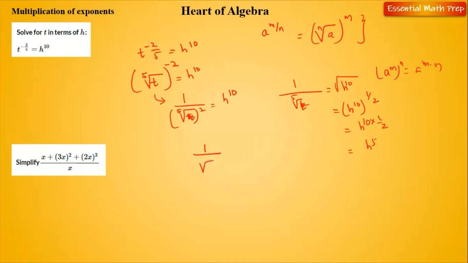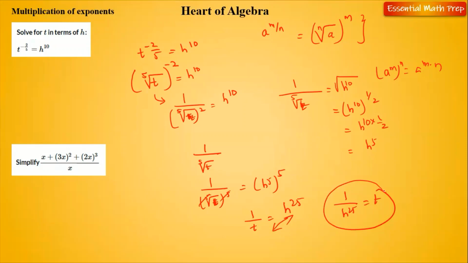If you take the 5th power on both sides, and raise this also to the 5th power, the square root cancels out. 1 over t equals h power 25. We want t in terms of h, so we have to flip the terms. And that's the answer.